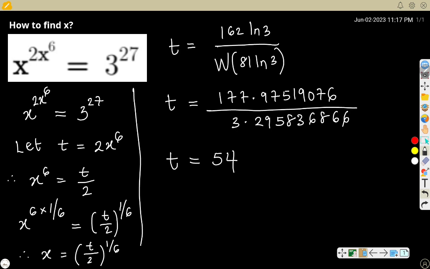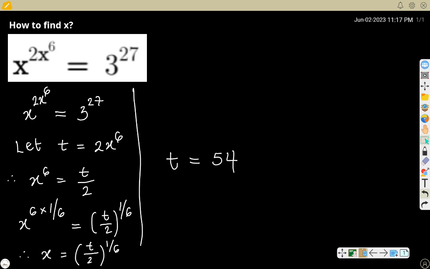So remember from the beginning, take note of that first. T is 54. But from the beginning we said let T be 2s raised to power 6.